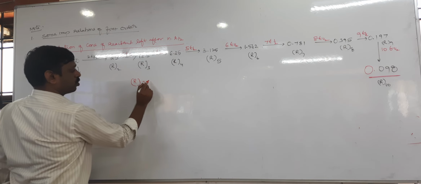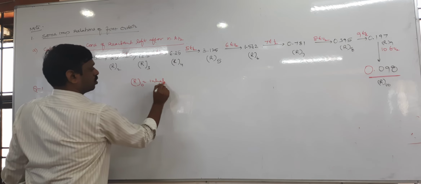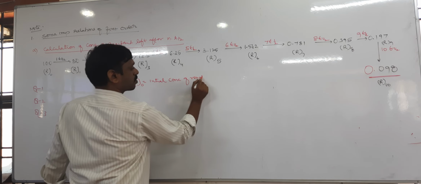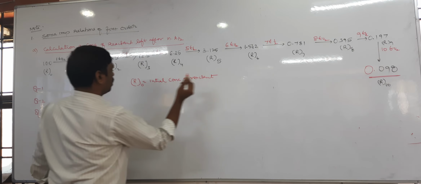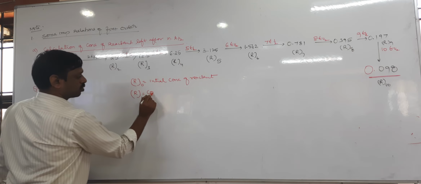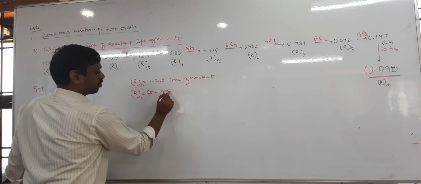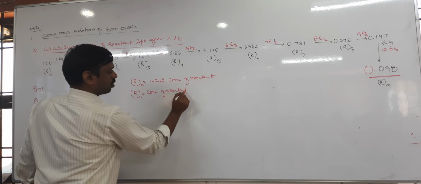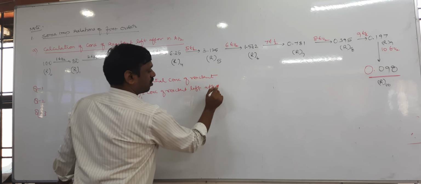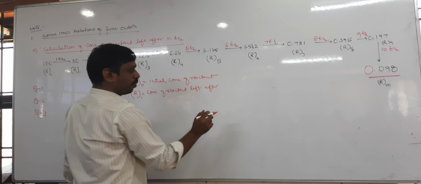Where R naught equals the initial concentration of reactant, and what is R1 equal to? The concentration of reactant left after how many t half?